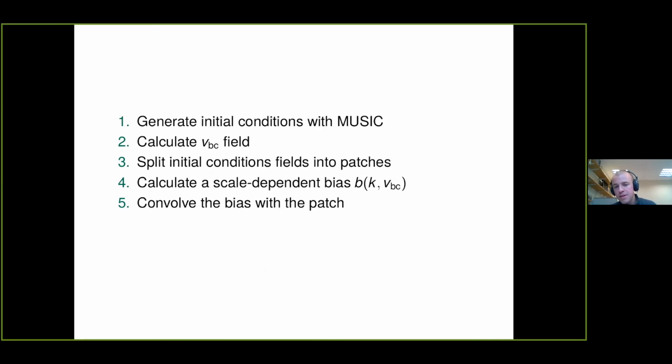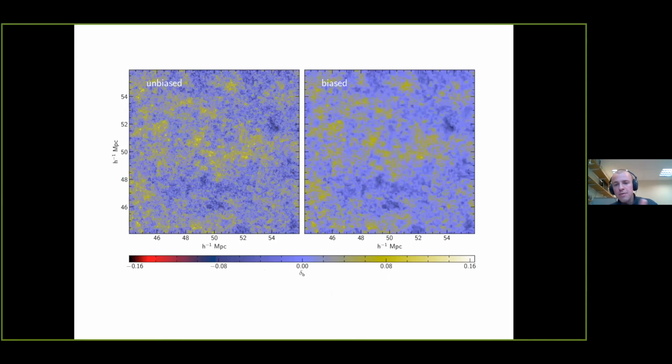So once we have this bias factor, we just fold it in with each patch. And then you're left with something like this. So this is in the highest resolution initial conditions. On the left, you have just the baryon overdensity field you get out of MUSIC, and on the right is after you've folded in this bias factor.